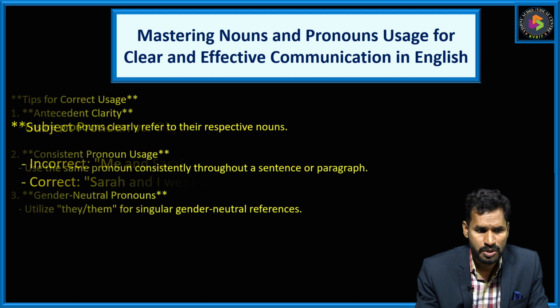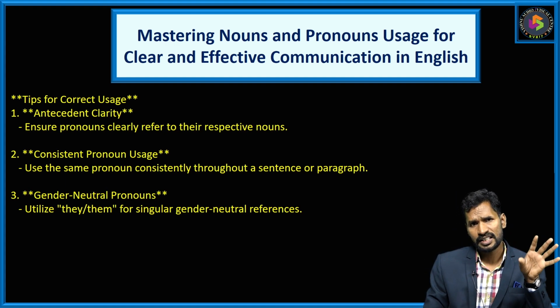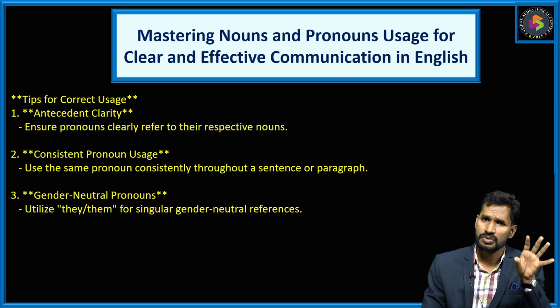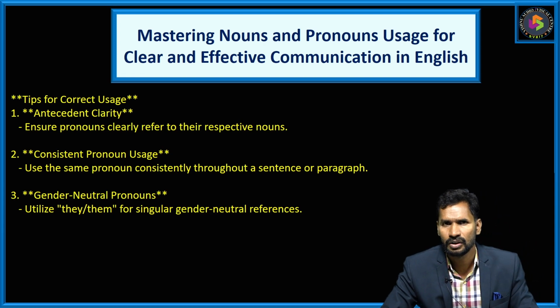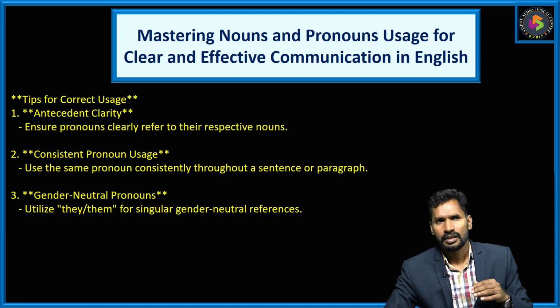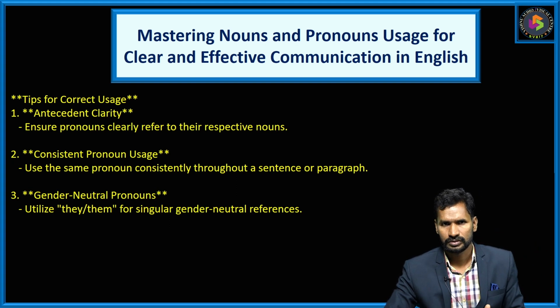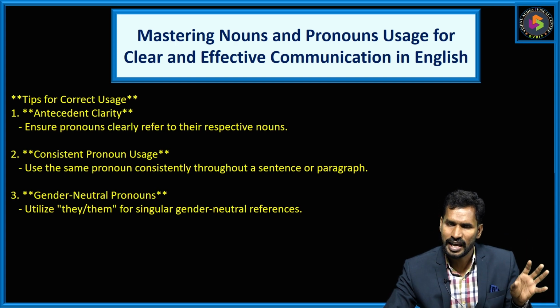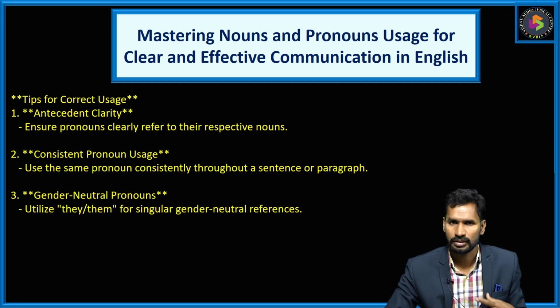So after finishing this one, we understand the main noun and pronoun errors we are committing. The first reason is we are translating from our mother tongue to English. English language features may be partially different from our mother tongue.